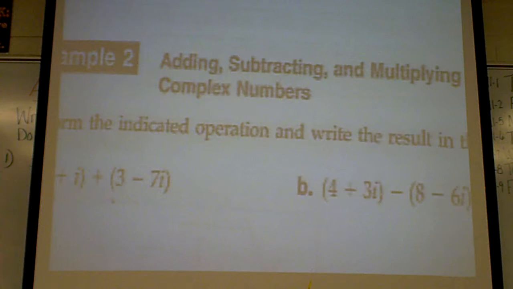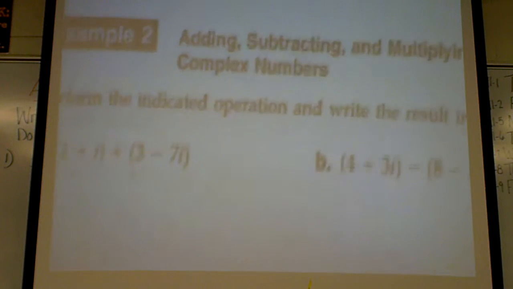But at the very end, you're going to make sure your answer is simplified. No i squareds, because some of these you're going to get an i squared. What's i squared equal to? Negative 1. And you're going to write your answer in standard form. What does standard form look like? A plus bi.